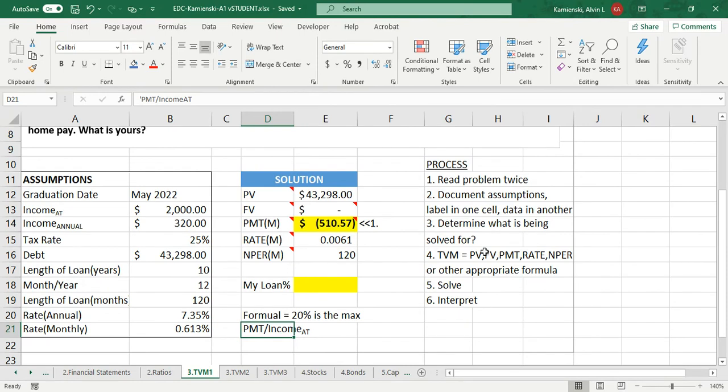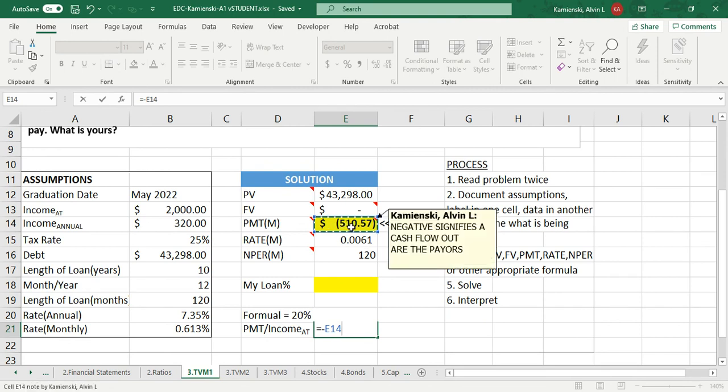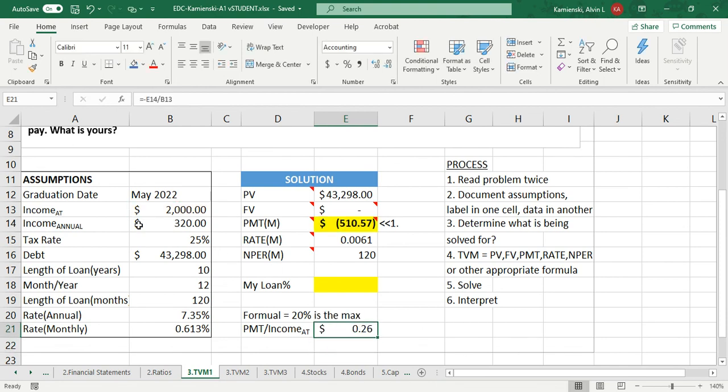So in our case, if we went ahead and calculated that, notice I'm going to switch the minus sign. Why? I'm not doing a time value of money formula. I'm just doing a basic formula. I don't want my number to start as a negative when I speak in algebra terms, only when I speak in Excel time value of money function terms. So I switch that sign so I can divide a positive 510 by my income on an after tax basis that I make every month.